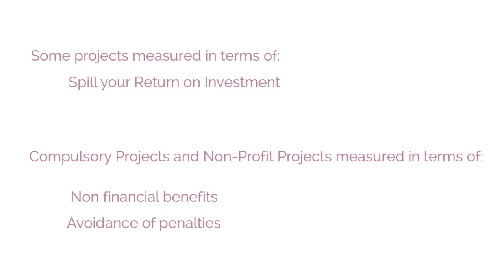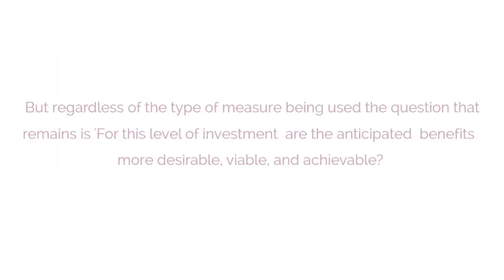But regardless of the type of measure being used, the question that remains is, for this level of investment, are the anticipated benefits desirable, viable, and achievable? We'll discuss this in more detail in Chapter 19, Tailoring PRINCE2 to the Project Environment.